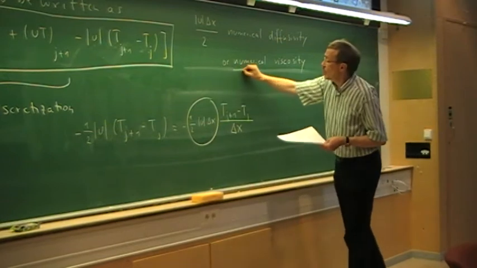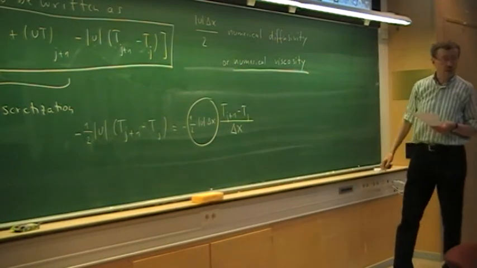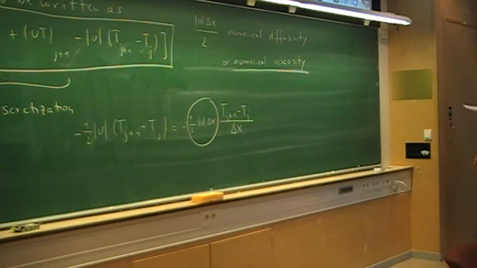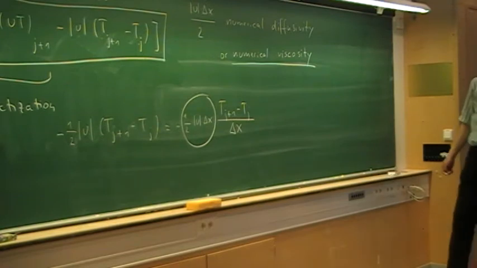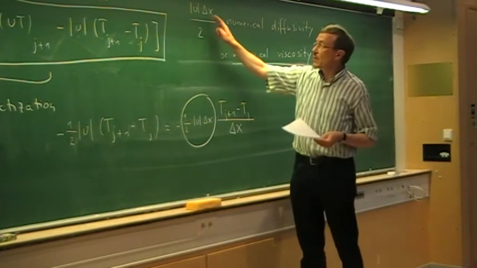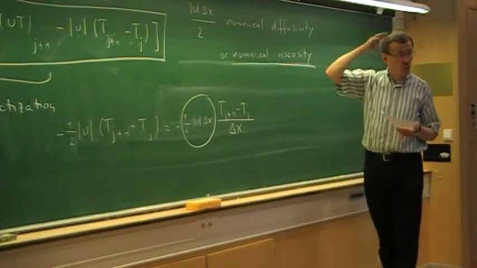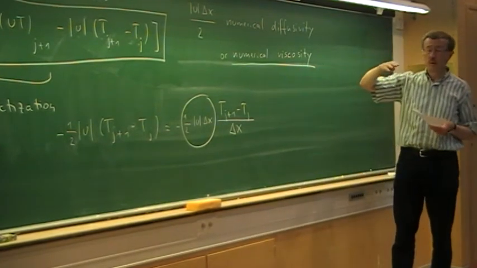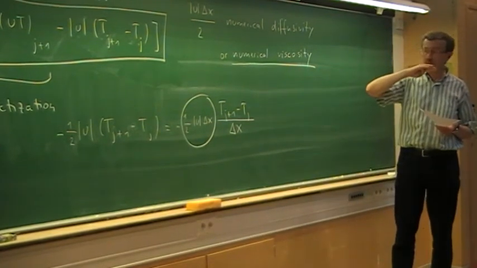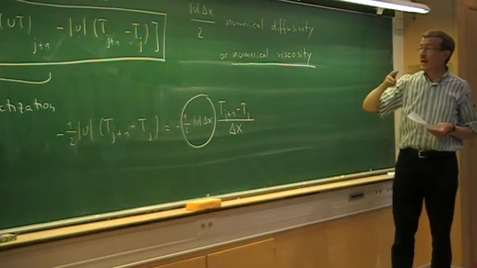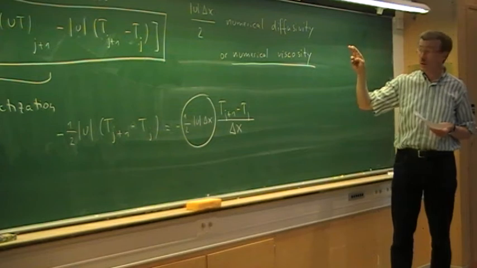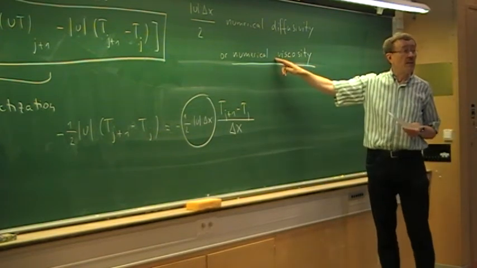So that is more common to use this term, but when we discuss the heat equation, it makes more sense to call this term numerical diffusivity. And you see it has also the right dimension. It has here velocity times length, that is length squared divided by time. In units would be meters squared per second. That is the same dimension and the same units as the thermal diffusivity has, and also as the kinematic viscosity has for that part.